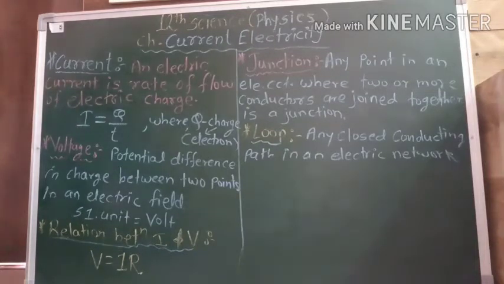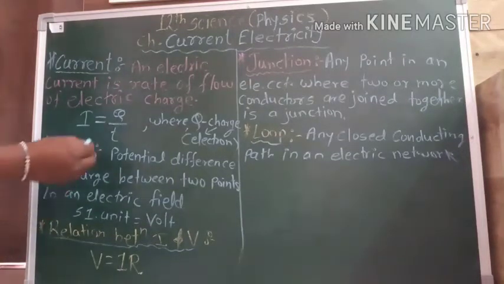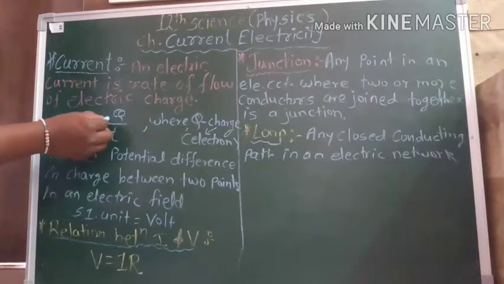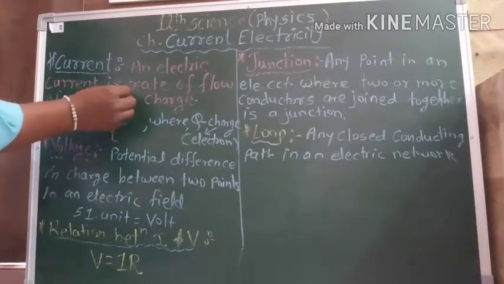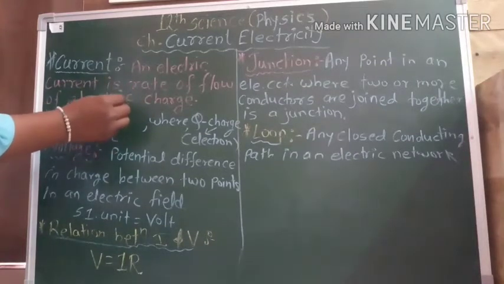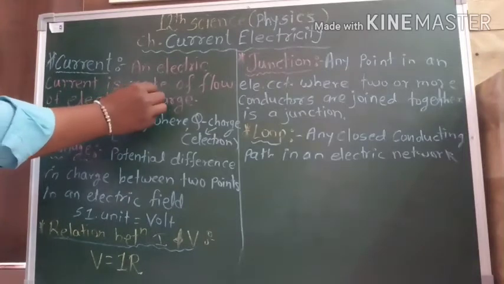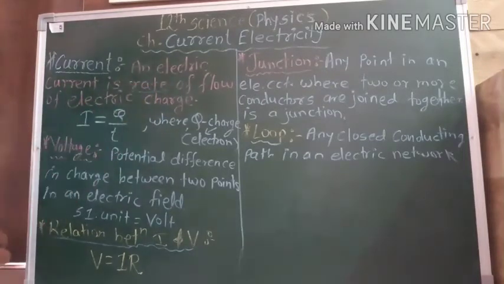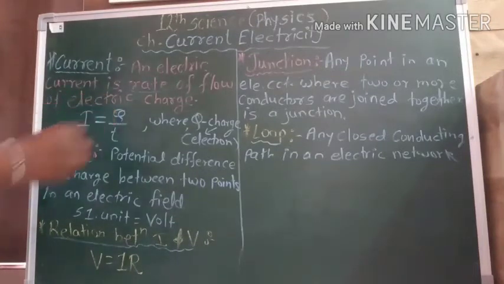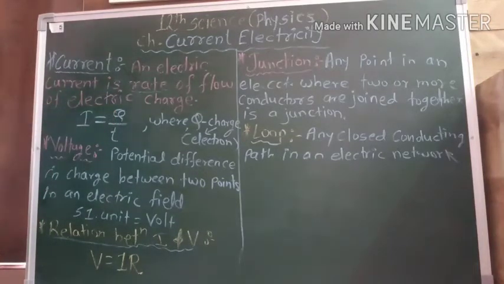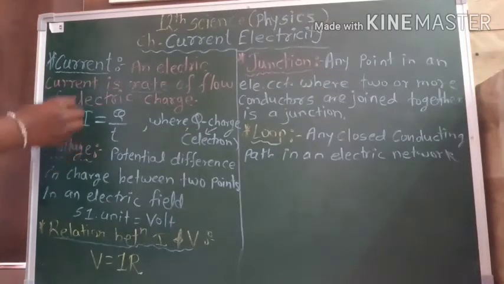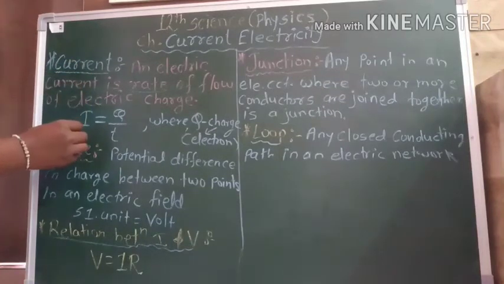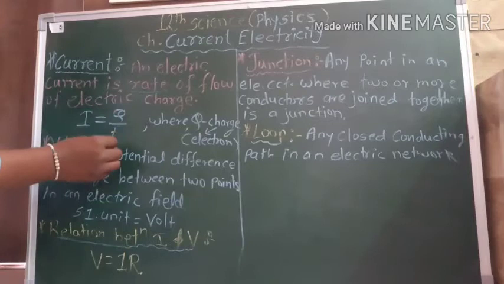We know that the charges are denoted by the capital Q, and in the definition of electric current, rate means the time, which is the time for the flow of electric charges. We denote current as I is equal to Q upon T.